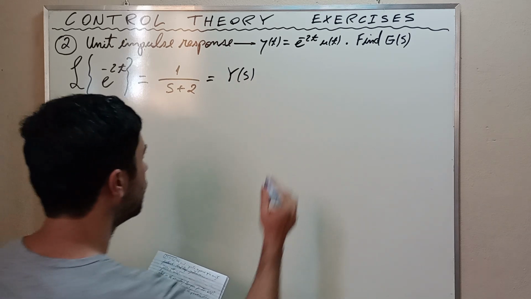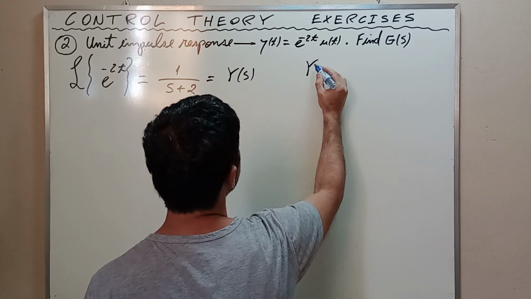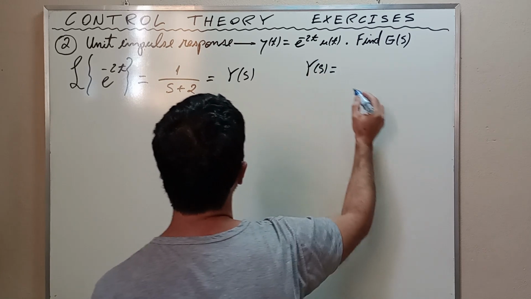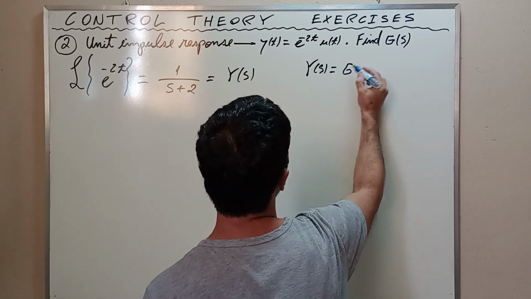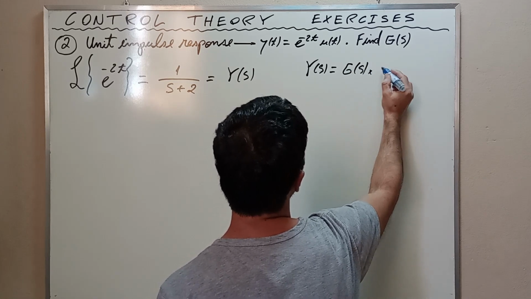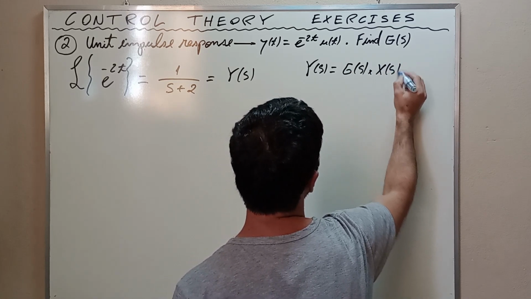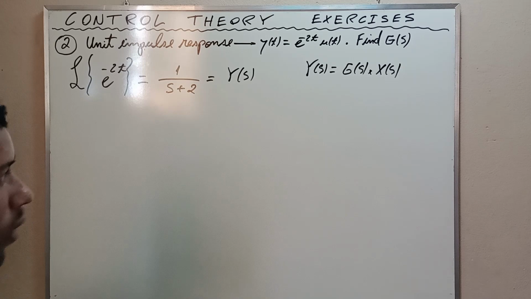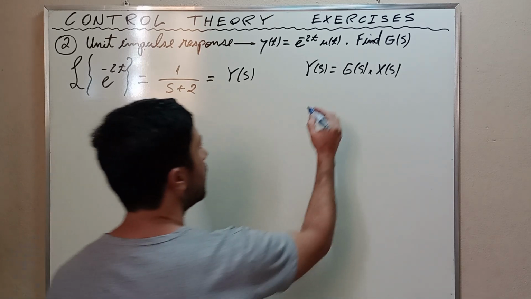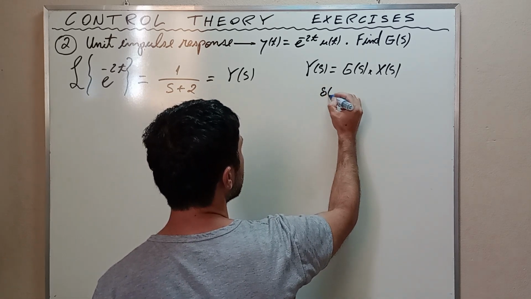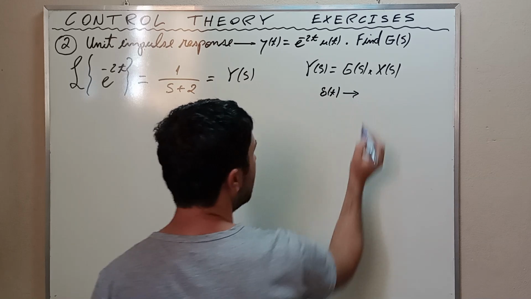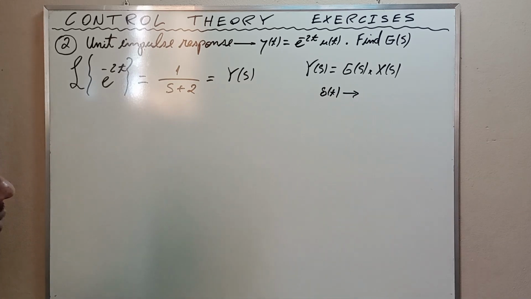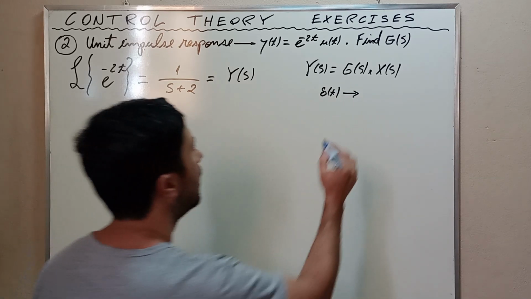Because Y(s) is equal to G(s) times X(s). But when the input is the impulse, its Laplace transform is equal to 1.